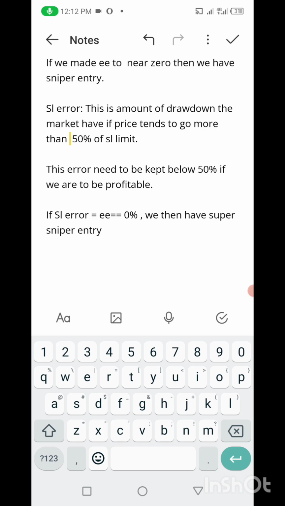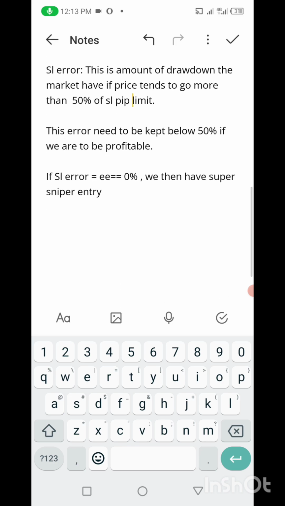So if the market draws down 50% of the SL pip limit, then we say that there is stop loss error. Let's assume your stop loss is 12 pip, and the market draws down by 7 pip, which is more than the midpoint or half of 12 pip. Then the SL error is activated automatically and is not proper, it's not good.